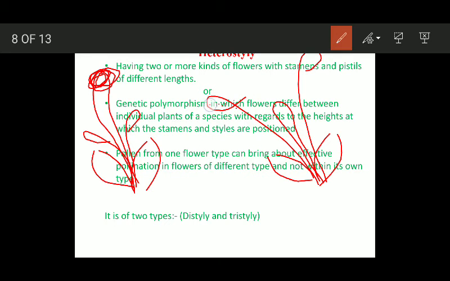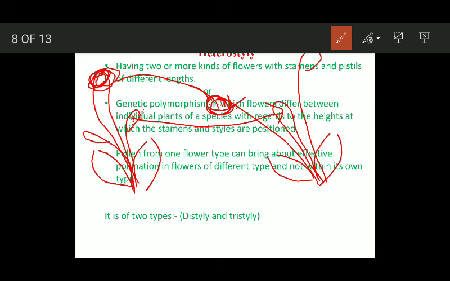It has been found that the pollen grains which are produced in the anther of this flower, they can cause effective pollination only when they land on the stigma of this flower. Okay, and likewise the pollen grains which are produced in the anther of this flower, they can cause effective pollination if they land on the stigma of this flower.